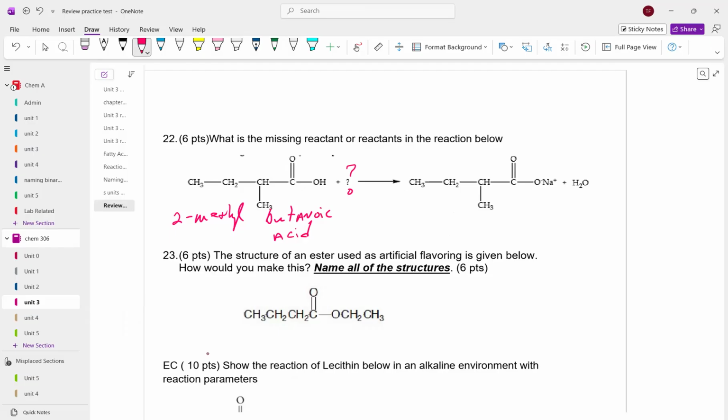So next, the OH became an O. Something pulled off that hydrogen, off the butanoic acid. What could do that?